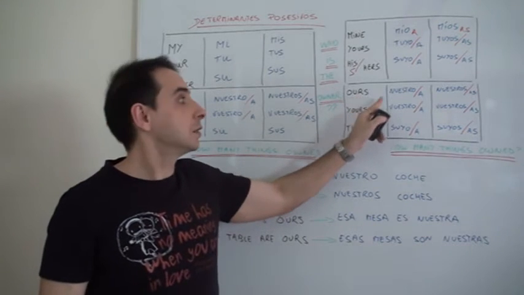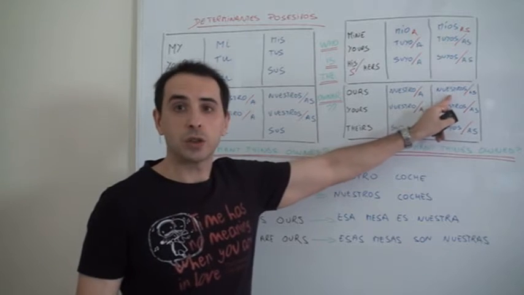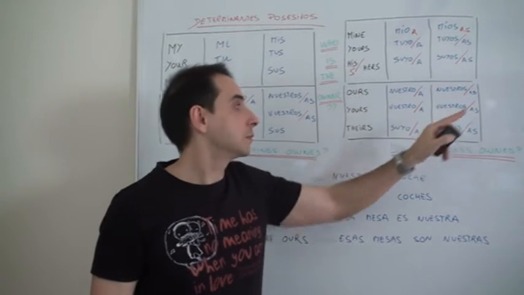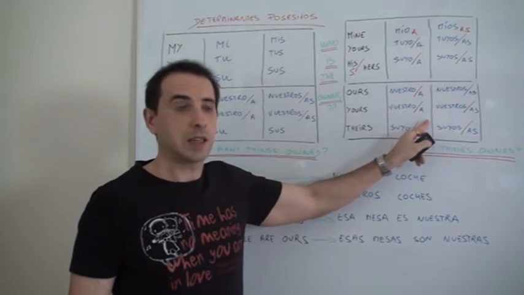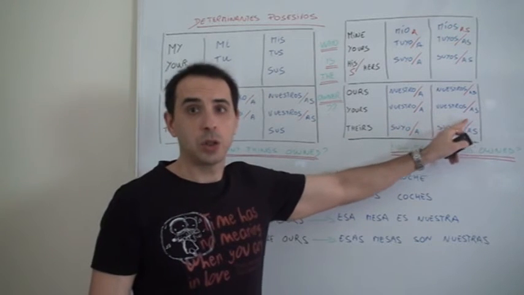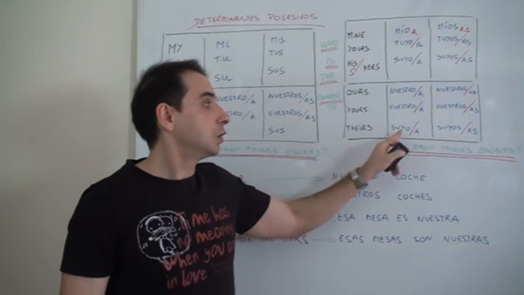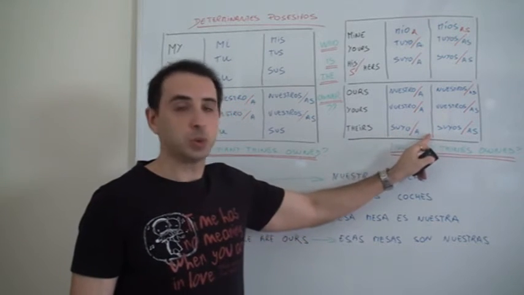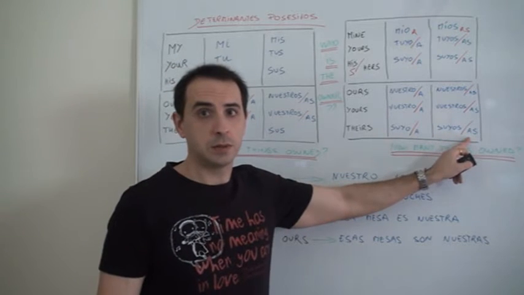Next, ours: nuestro, nuestra, nuestros, nuestras. Yours: vuestro, vuestra, vuestros, vuestras. Theirs: suyo, suya, suyos, suyas.